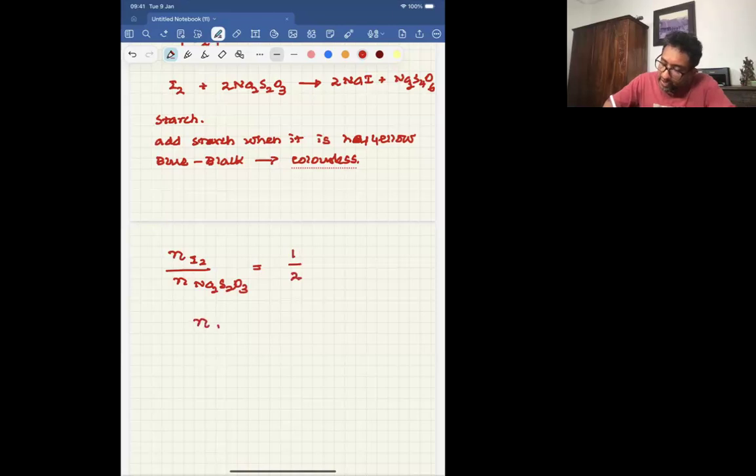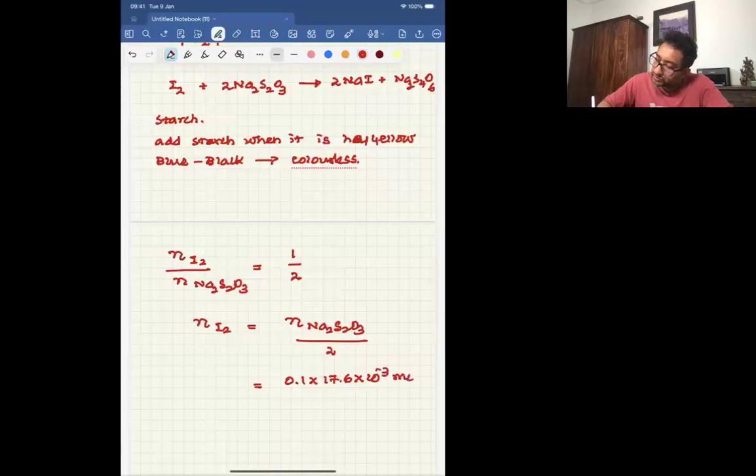So the number of moles of iodine is equal to the number of moles of sodium thiosulfate, Na2S2O3, divided by 2. What is the number of moles of sodium thiosulfate? 0.1 times 17.6 10 to the power minus 3 moles divided by 2.